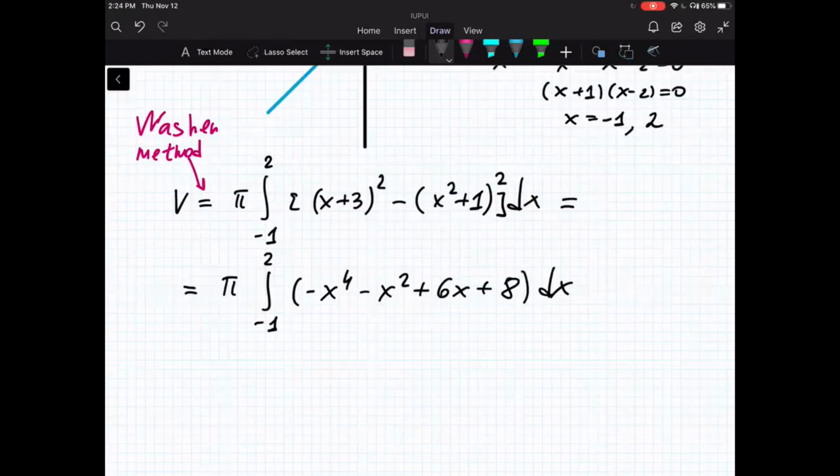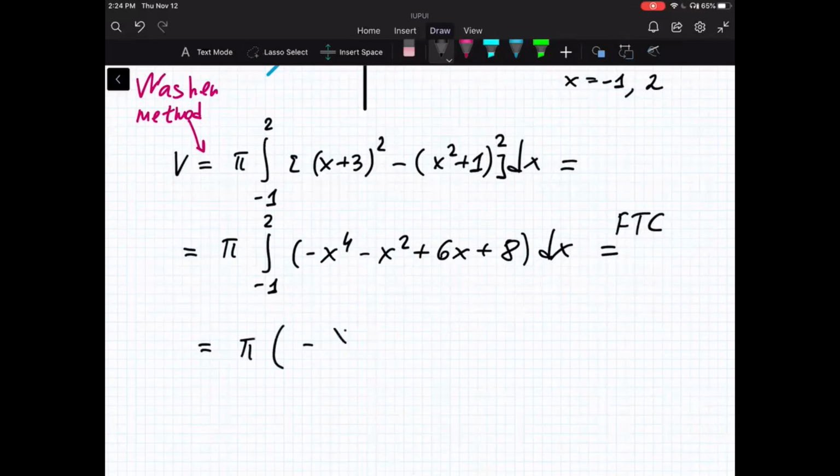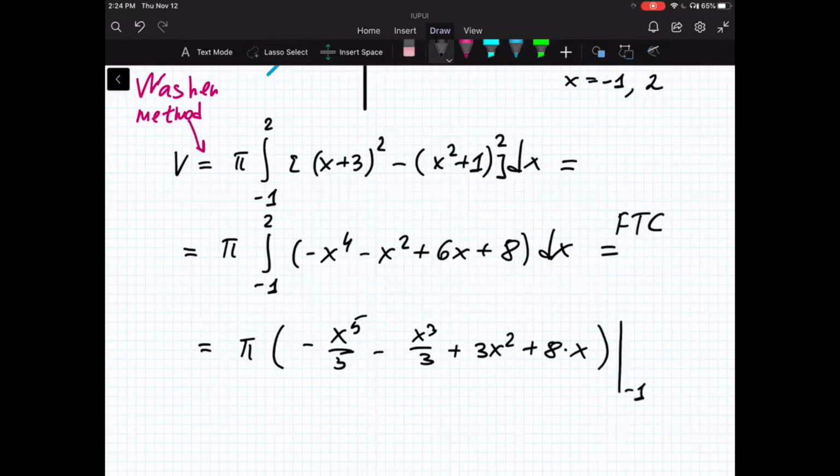And so I have just a polynomial that I need to integrate, so it's easy to calculate the antiderivative and then use the fundamental theorem of calculus to obtain the following: pi times minus x to the power 5 over 5 minus x cubed over 3 plus 6x squared over 2, which is 3x squared, and plus 8 times x, with substitution from minus 1 to 2.